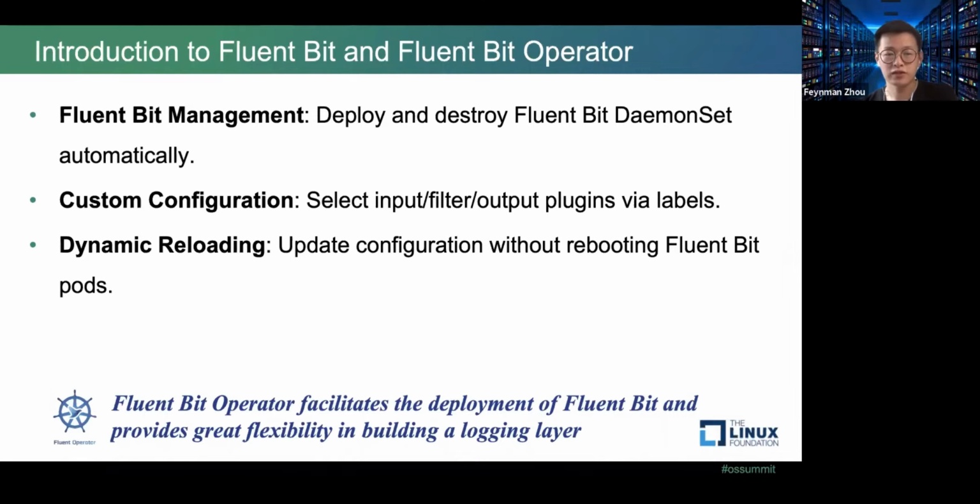It also provides custom configuration: you can select different input, filter, and output plugins using labels in Kubernetes. The most typical feature provided by the Fluent Bit Operator is dynamic reloading, so you can update the Fluent Bit configuration without rebooting the Fluent Bit pods themselves.